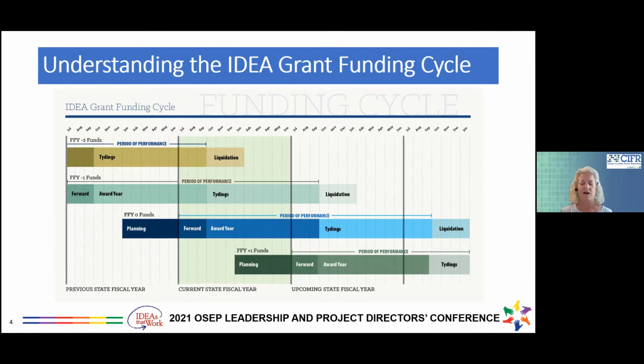The PDF document that is in that folder contains a graphic that you're seeing on your screen, but it also has a couple of pages of text that define the terms you see in this graphic and explain what some of these periods are. This also is a tool that many states have found useful in working not only with state staff, but with their LEAs as well.